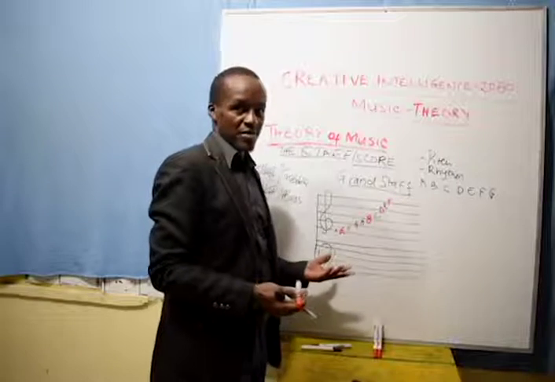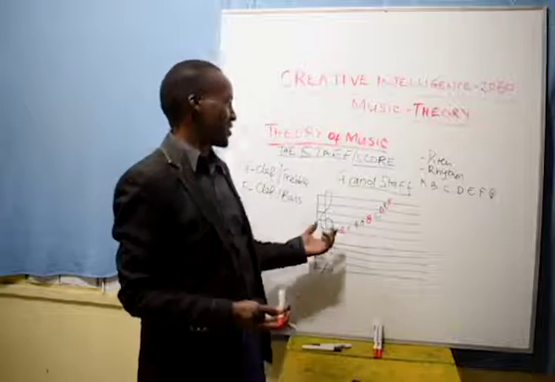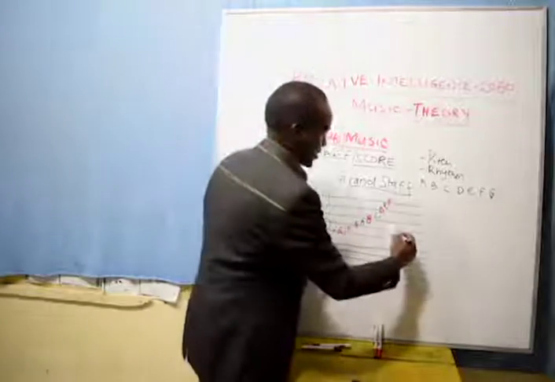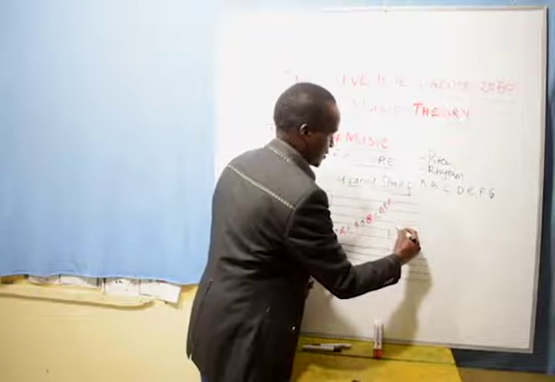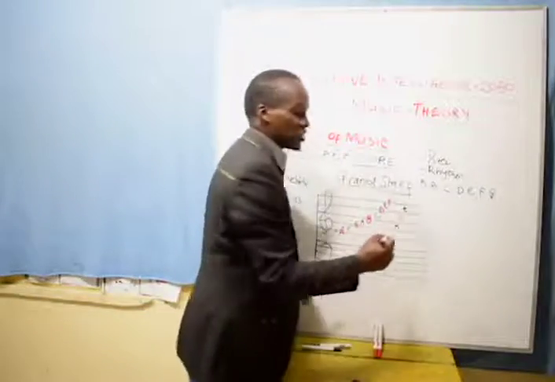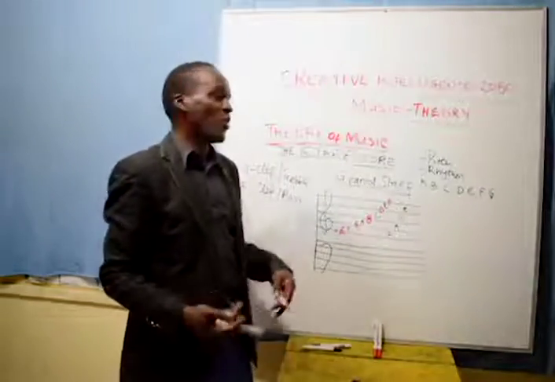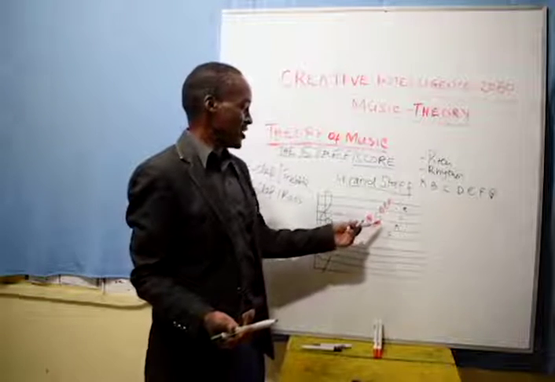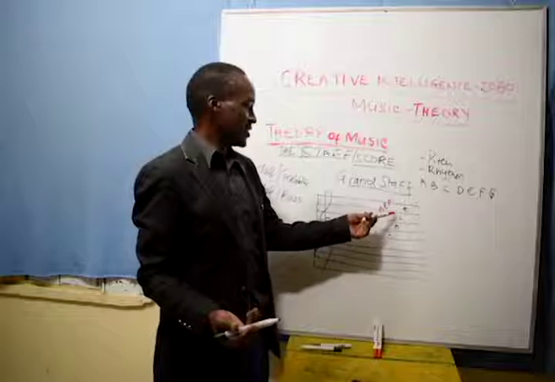That's a way of remembering them. And then we write the word FACE with the spaces. So if you write the word FACE like that, you have named the lines and you have named the spaces. Or you can simply start from E and go E, F, G, A, B, C, D, E.